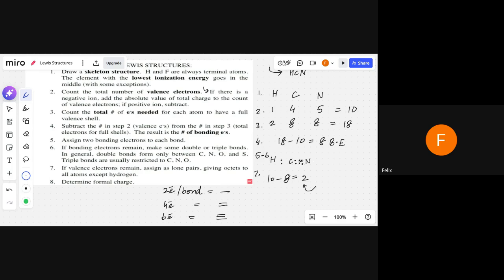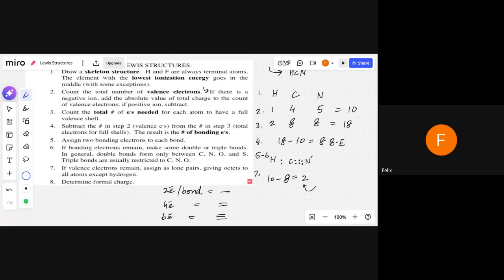You can see here now that hydrogen has a complete duplet. It has 2 electrons in its valence shell, and it cannot handle more than 2 electrons. So hydrogen cannot get the lone pair. Similarly, carbon has 8 electrons around itself, so its octet is complete: 1, 2, 3, 4, 5, 6, 7, 8.